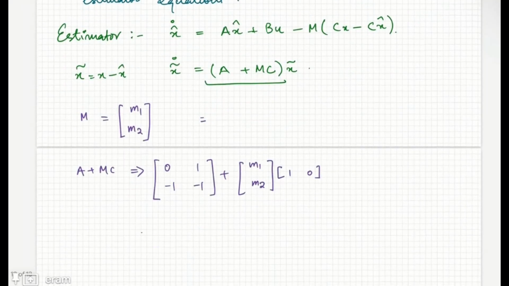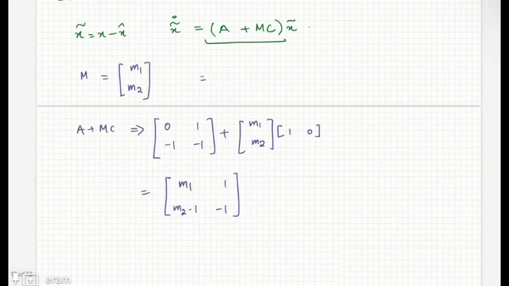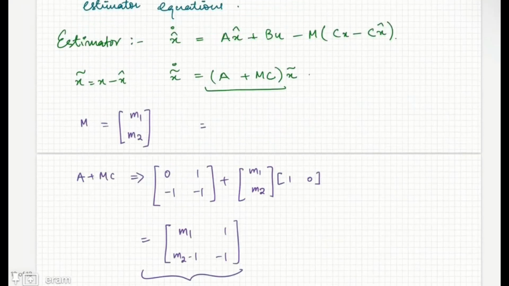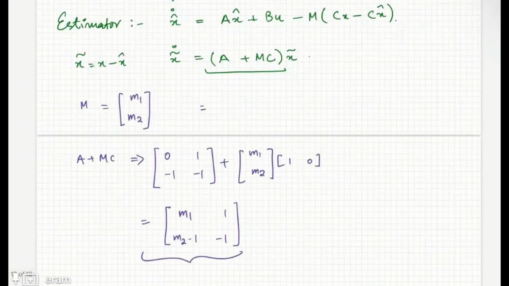So when we calculate it, this would give us m1, m2 minus 1, 1, -1. Okay, now its eigenvalues are lying on -1 and -3.